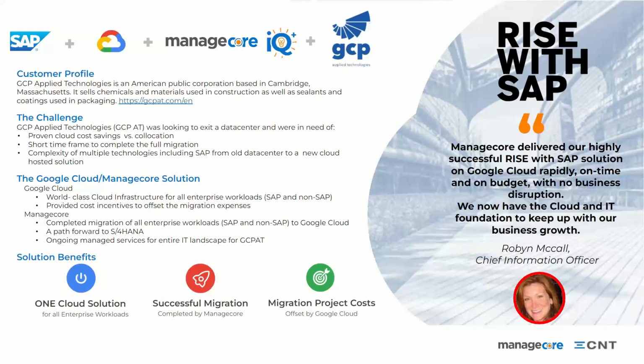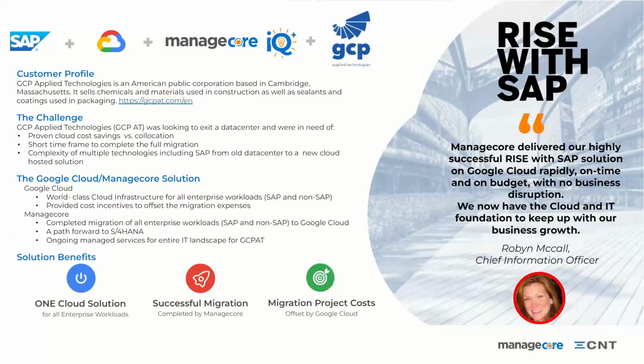What Managecore did was look at their SAP environment and get all of their core SAP systems moved into S4 RISE, and at the same time we helped them decommission that same data center by moving over 150 different workloads into a Google native solution.